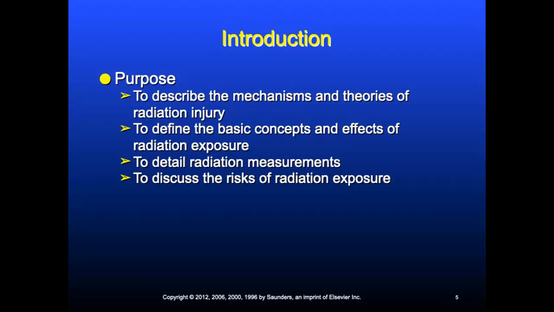So first of all, let's talk about the mechanisms of injury. So in diagnostic imaging, not all X-rays pass through the patient and reach the dental X-ray receptor. Some are absorbed by the patient tissues. So it's the absorption that causes the chemical changes that result in biological damage.